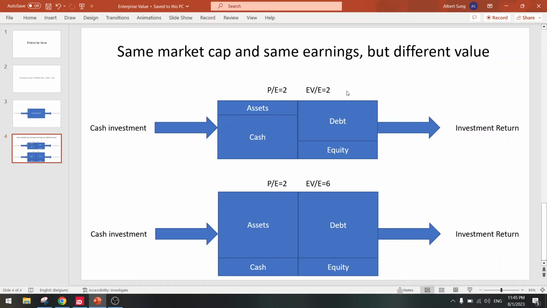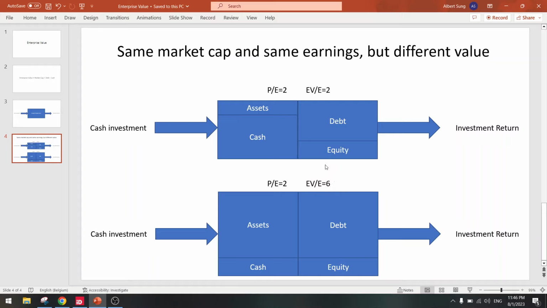Only after 2 years. Here, on the other hand, you start with 1 year, 2 years, but you need to pay off the debt first because you don't have enough cash. So here you also need to pay off 1 year, 2 years of debt, 3 years, 4 years of debt. And then after 6 years, you reach your enterprise value.